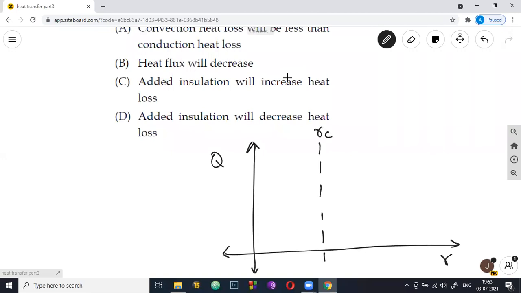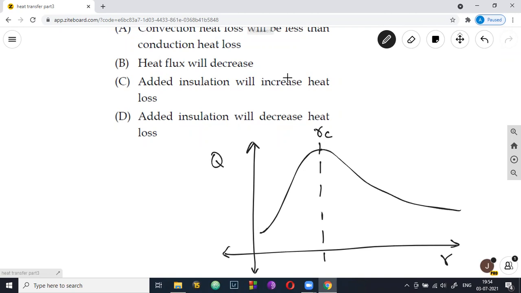So this is your RC. So how is the heat transfer behaving? Let's say if I'm starting from a very small thickness of insulation, your heat transfer actually increases when you add insulator. At critical radius of insulation, it reaches a maximum value and then it decreases like this.